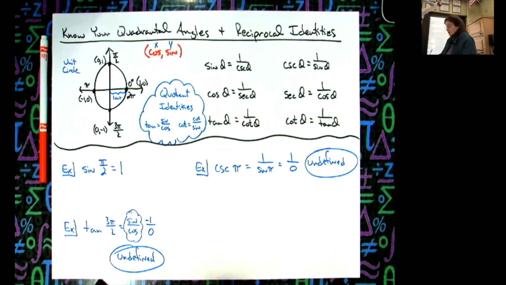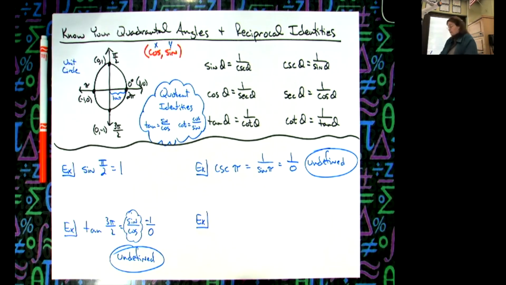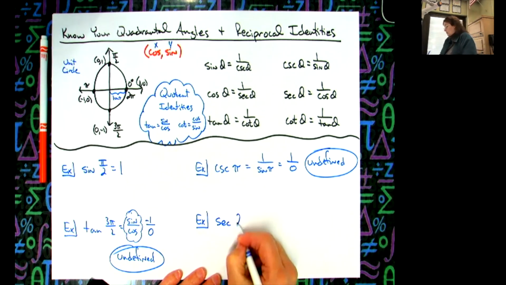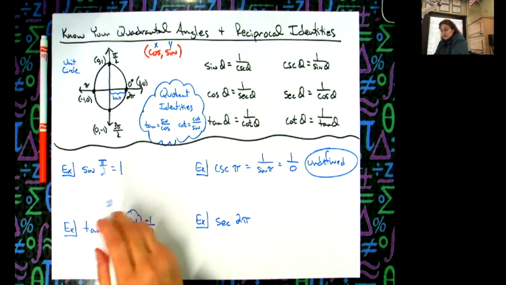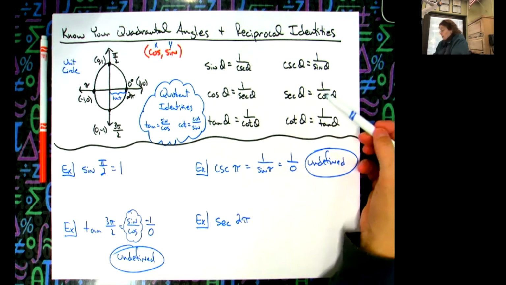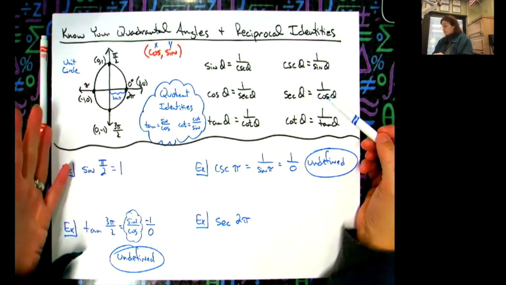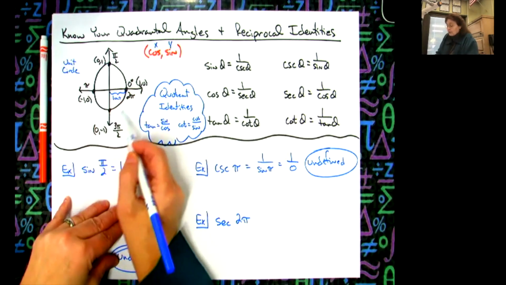Let's do one more before we move on to something else. Let's do, say, secant of 2 pi. Again, think about all the different formulas and things that you know on your unit circle. Secant is 1 over cosine. Am I going to know a cosine value? Yes, I'm going to know sine and cosine right off the bat because it's going to match those ordered pairs. 2 pi would be all the way around the circle.